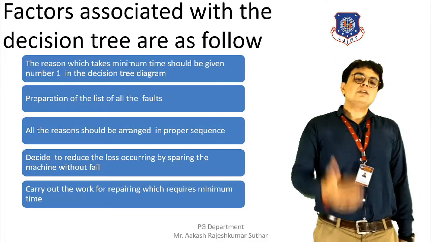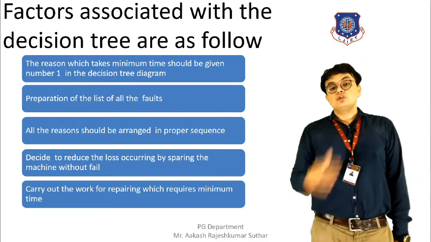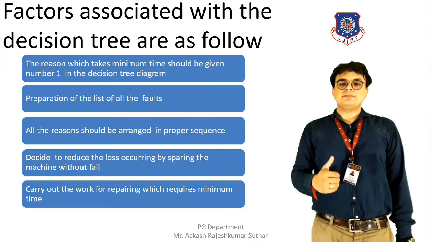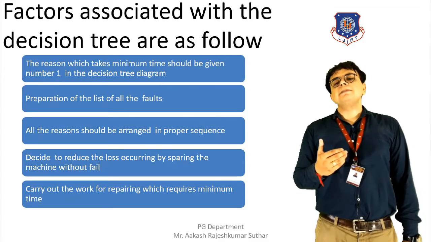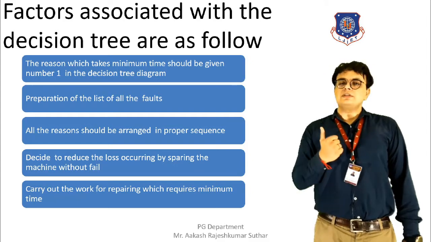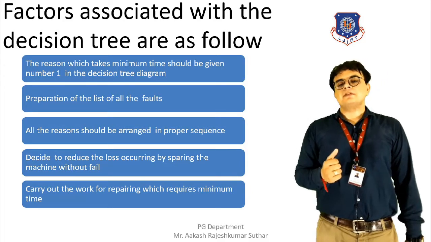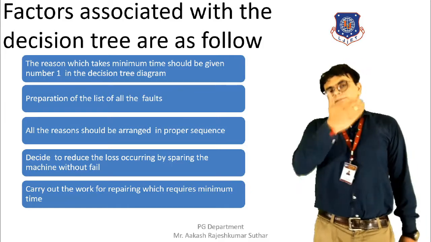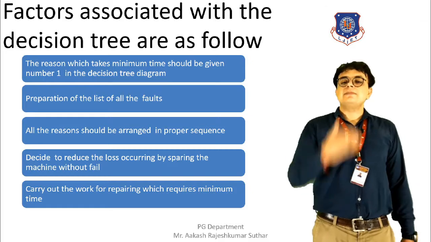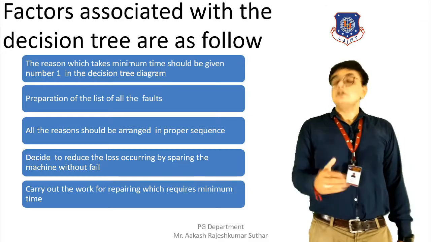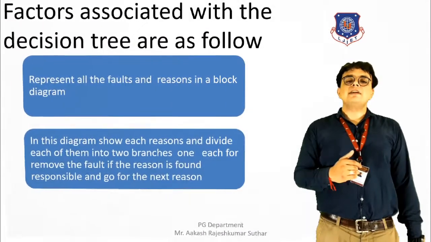At least the work which requires less time for repairing should be listed first. Because of this, we can easily repair many of the faults, and by this the rectification can occur. So these are some of the factors associated with the decision tree. Moving towards the further discussion, there are also other factors.